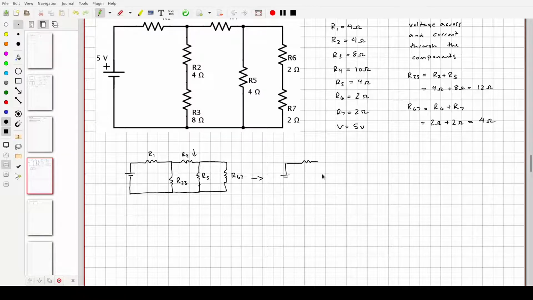That's R1. This is R2,3. Then we'll have an R4, and this would be R5,6,7.